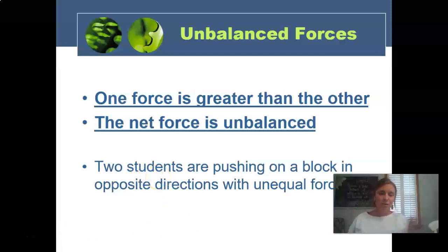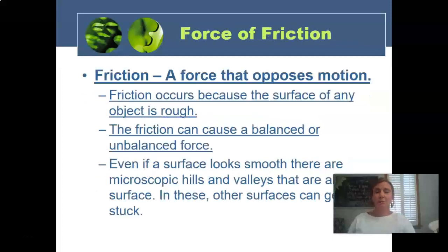Think of a tug-of-war contest with a rope as a great example, where there's always going to be something stronger or weaker, one with a greater force and one with a lesser force than the other.